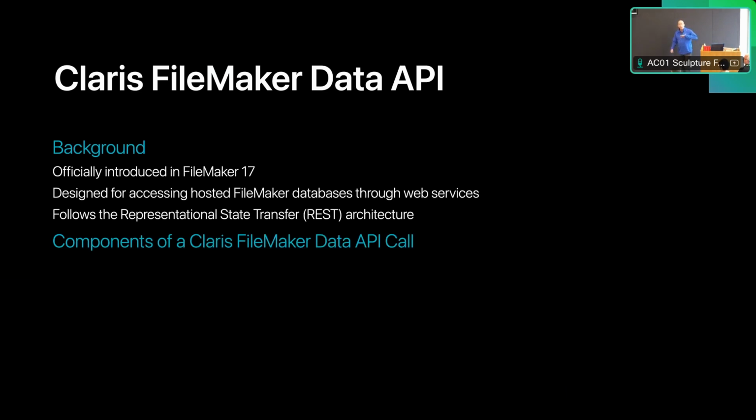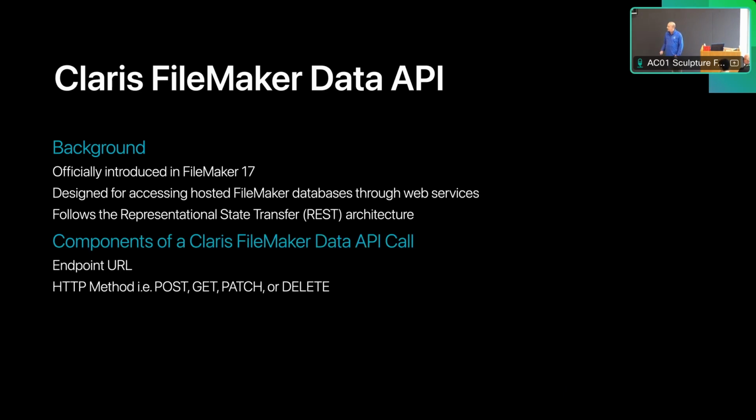There are four main components to the Claris FileMaker Data API. You have your endpoint URL, which is typically the name or the IP address of the server, the file name, the script name, possibly another parameter or two in that endpoint URL. You have your HTTP method. There are a number of different methods for APIs in general.